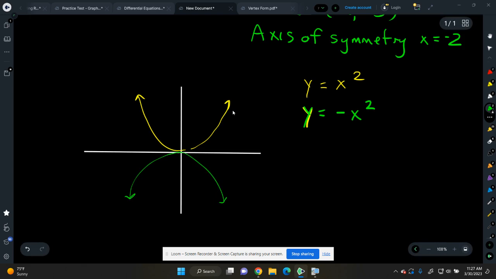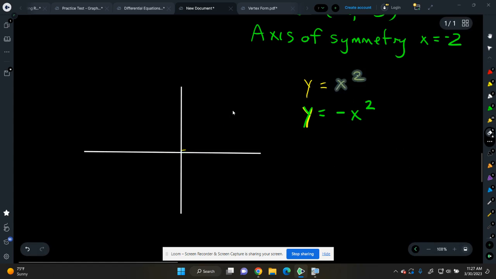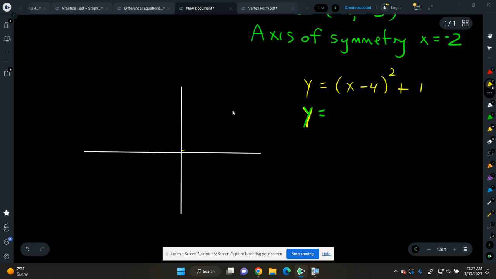So what if I had, okay, let's do our y equals (x minus 4) squared plus 1. Okay. What's the vertex of that parabola? 4, 1.